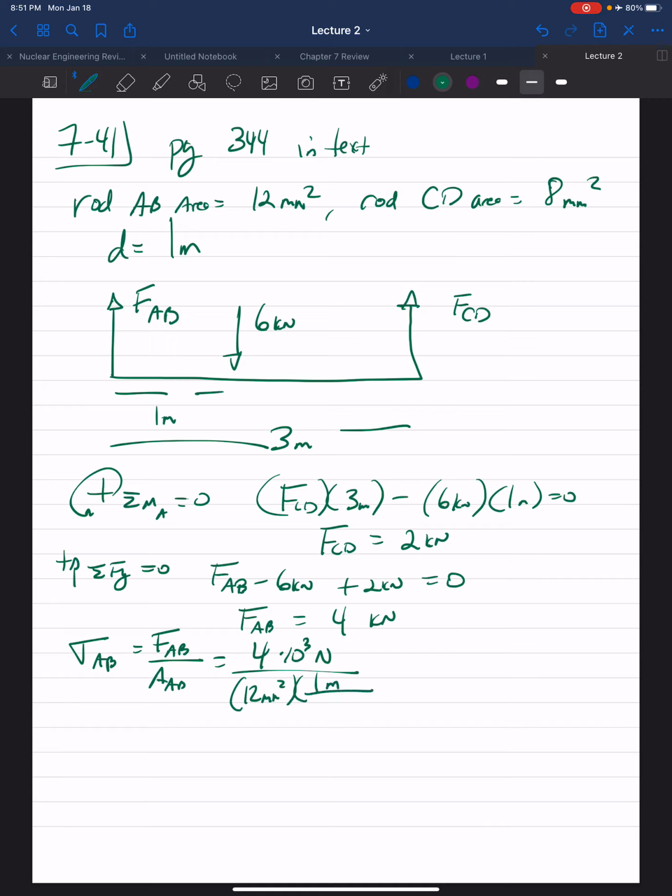So if 1 meter is equal to 1,000 millimeters, then 1 meter squared is 1,000 times 1,000, which is 10 to the 6 millimeters squared. So the normal stress here in rod AB comes out to newtons per meter squared, 333 megapascals.